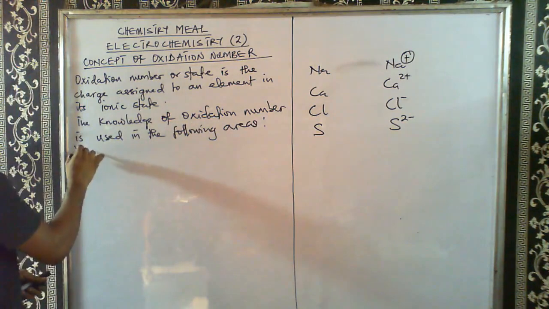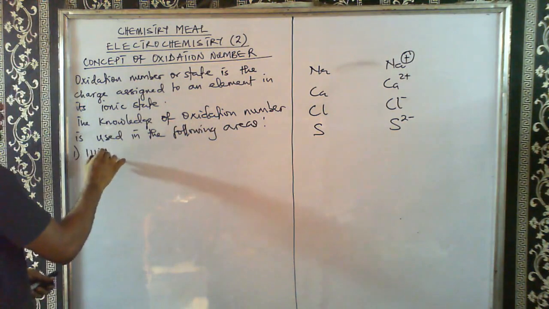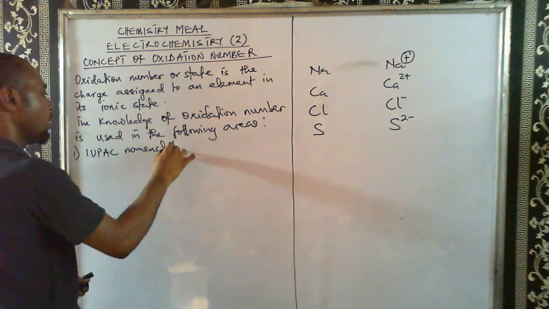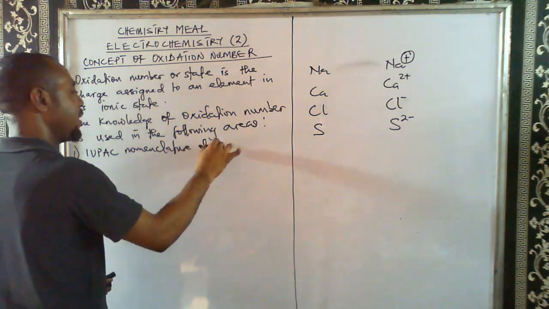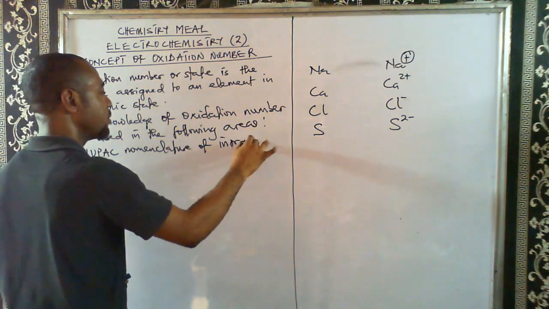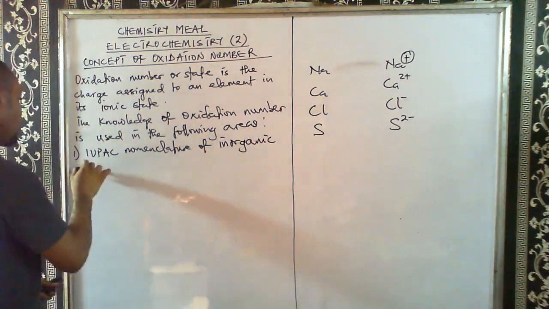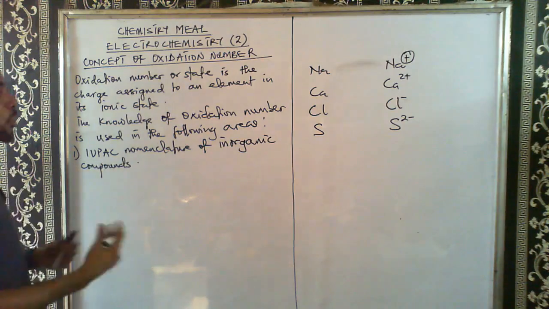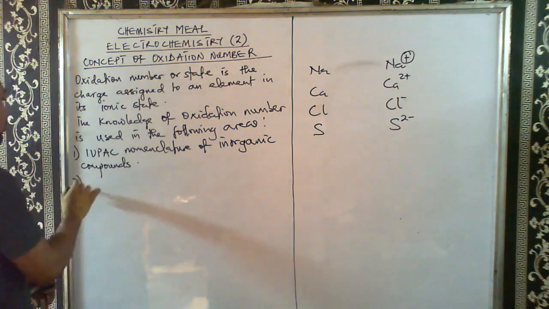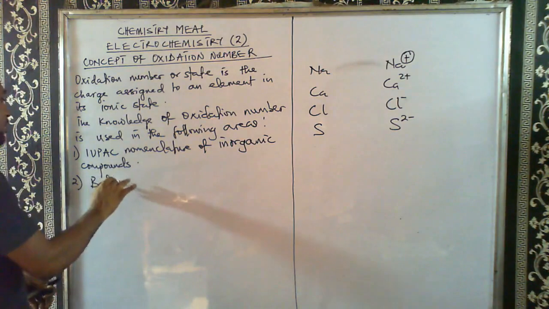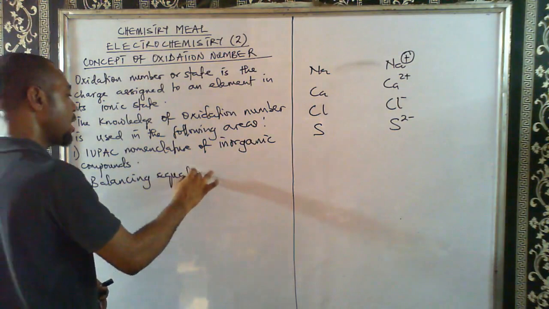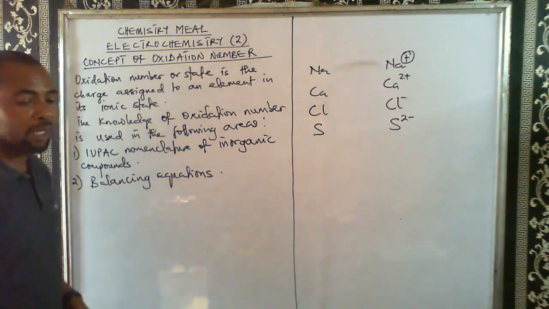Area number one, in IUPAC nomenclature of inorganic compounds. We use it in IUPAC nomenclature, and we also use it in balancing equations, especially the ionic equations.